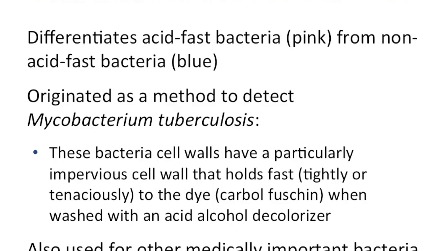So it's difficult for these bacteria to be stained with either the simple stain or the Gram stain. Those stains cannot be used to stain bacteria such as Mycobacterium tuberculosis or leprosy, so we have to use acid-fast staining.